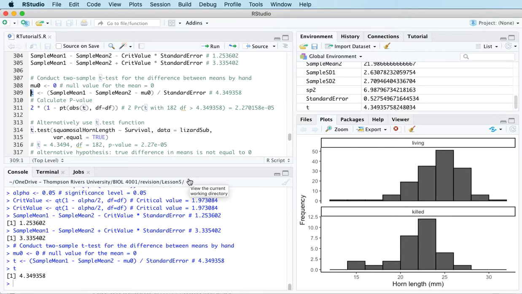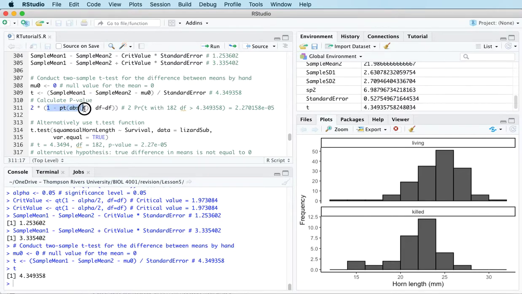Step 3 is to calculate the p-value associated with that test statistic. So we're doing a two-tail test. So our p-value will be the tail area to the right of the absolute value of the test statistic times 2. So this function here, pt, gives us the area to the left of the absolute value of the test statistic.